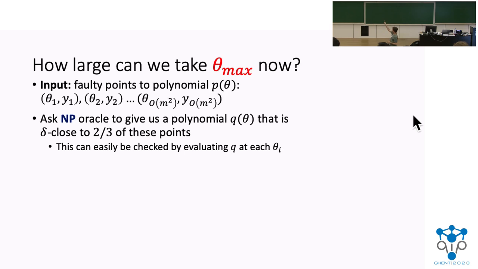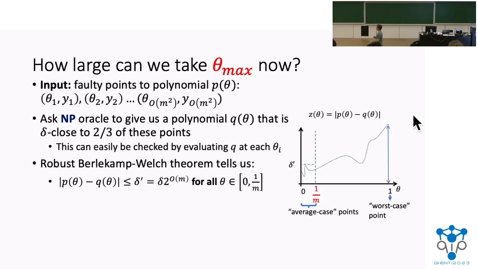One thing, of course, we can't check is whether q is close to p. That's hard to check, but we can check that the polynomial q that the NP oracle gave us is close to 2/3 of these points. And so now we're going to plug in the theorem I showed in the last slide, what we called the robust Berlekamp-Welch theorem.